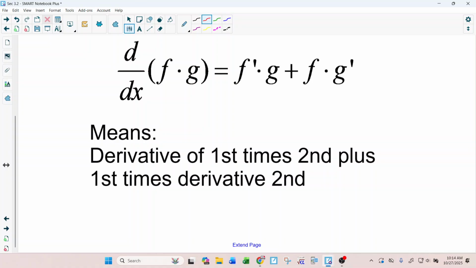So I'll let you write that down. So in our head, whenever we have one thing times another thing and we're taking a derivative, in our brains we want to think of derivative of the first times the second plus the first times derivative of the second.